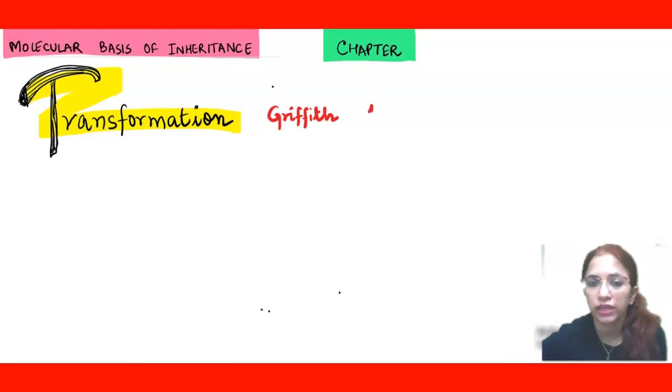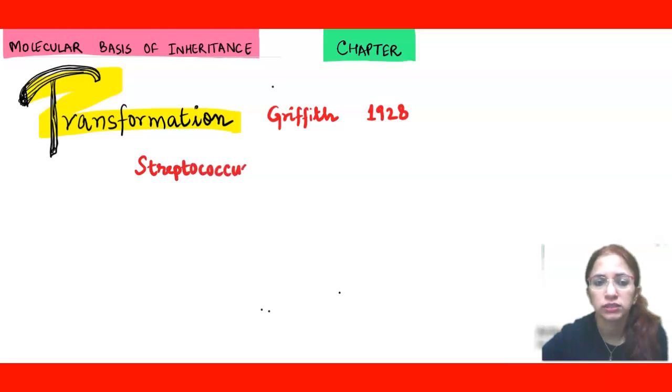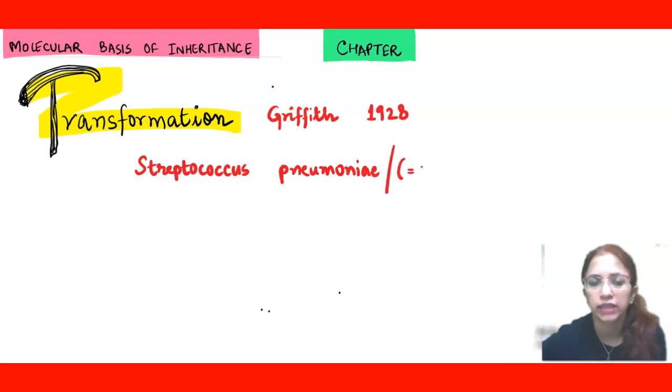So Griffith, in the year 1928, worked upon a microbe, and that microbe was Streptococcus pneumonia. Now this Streptococcus pneumonia could also be said as Diplococcus pneumonia.